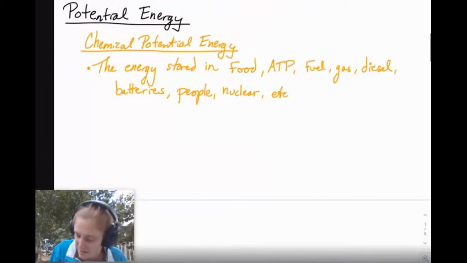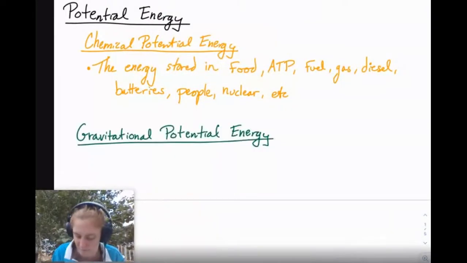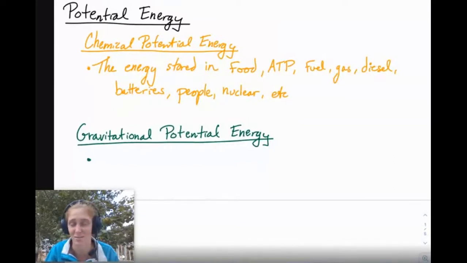So we're going to go back up to the notes part, and I'm going to do gravitational potential energy in green. And gravitational potential energy is the energy that something has because of how high up it is. So the farther up it is, the bigger my gravitational potential energy would be. And if I'm all the way on the ground and I have nowhere left to fall, then I would say that my gravitational potential energy is zero.